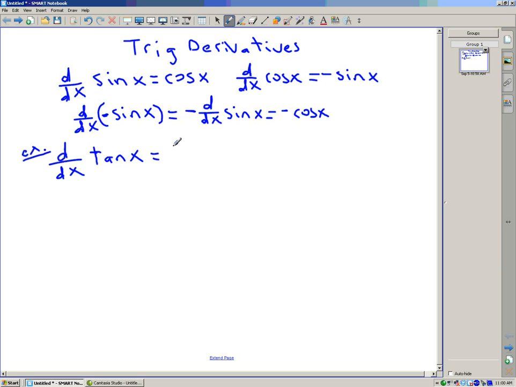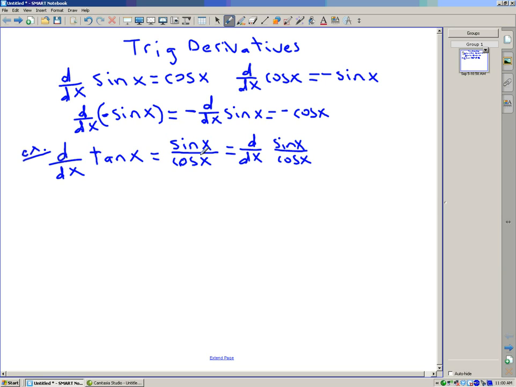Tangent is sine of x over cosine of x. Give yourself a pat on the back if you knew that. Since I can rewrite this as tangent equals sine over cosine, I'm going to find the derivative of sine over cosine, and that will give us our derivative of tangent.